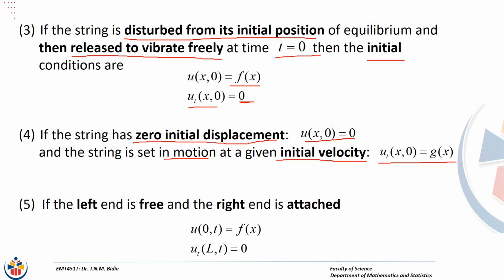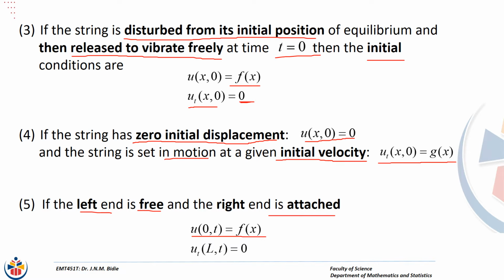Then the last one: if we say that the left end is free and only the right end has been attached, then left end free means there is a change in displacement, and it's also a function.